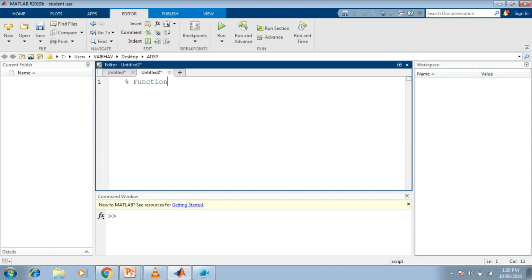So I just comment the first line with the words: function for computation of DFT sample, and this DFT sample computation we are going to make possible with the help of Goertzel's algorithm. So I just mention here using Goertzel's algorithm.